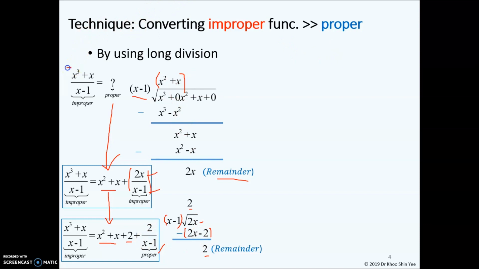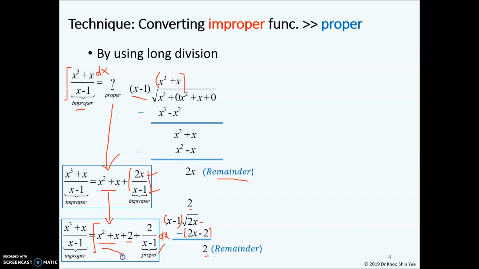Imagine that if you want to integrate this term, it will be complicated for you to continue, right? So what we can do is we identify this to be improper. So once you identify it, you should reduce it into the proper form.